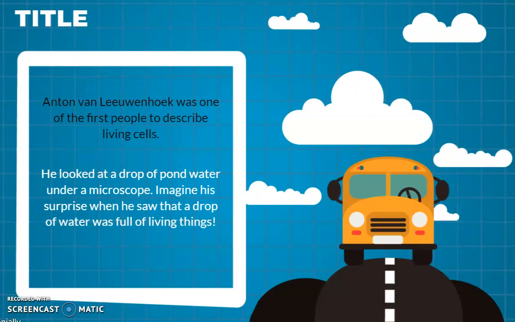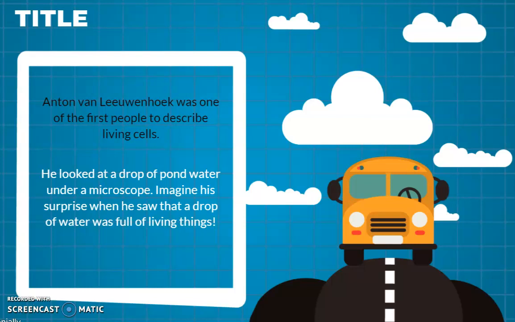Then came Anton van Leeuwenhoek, and he was the first scientist to describe living cells. One day, he took a drop of pond water. Imagine it had rained for 5 days. That water was so dirty that nobody wanted to go near it.